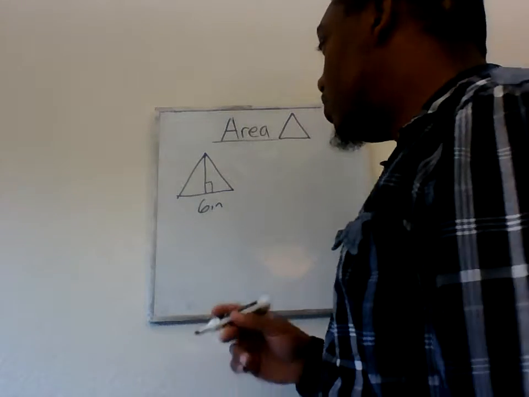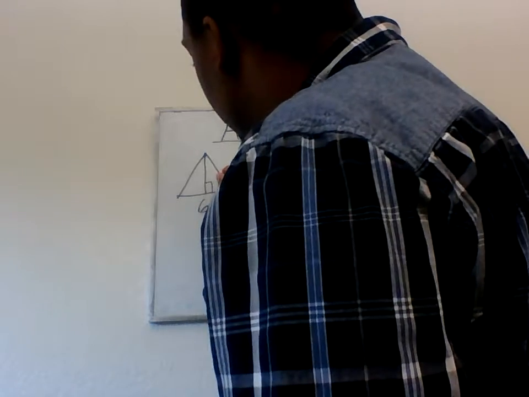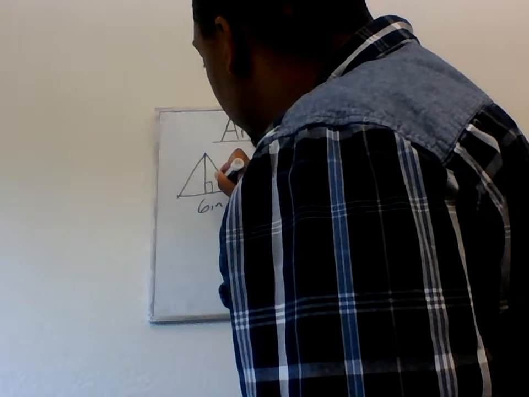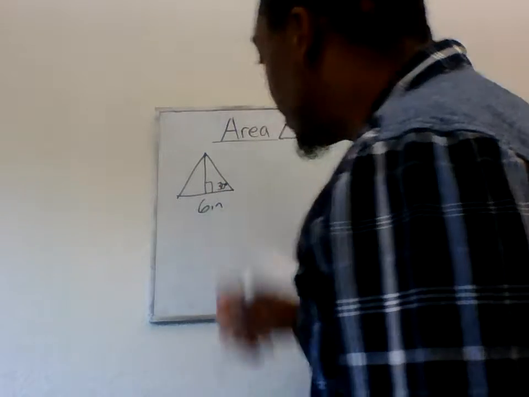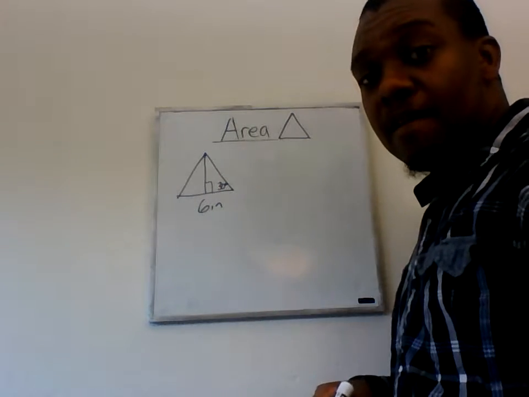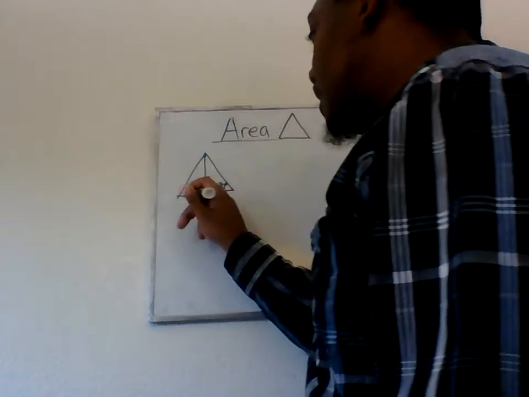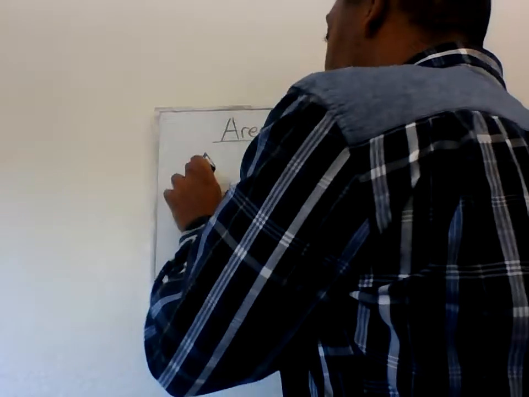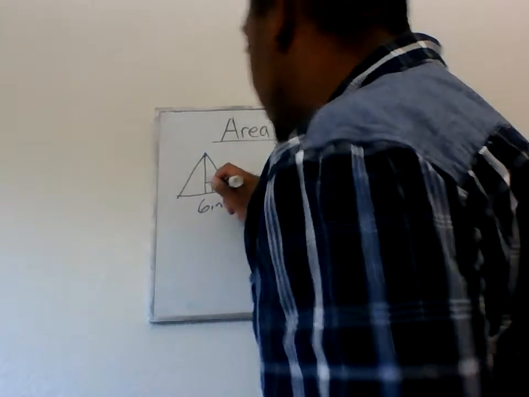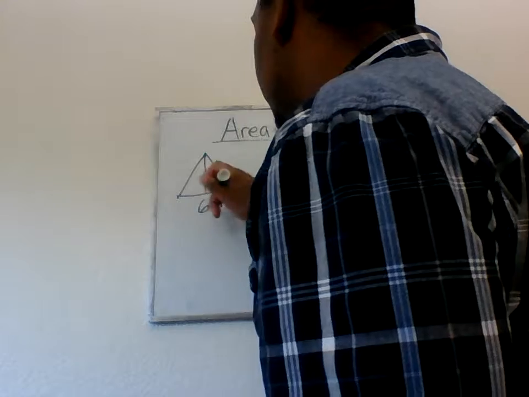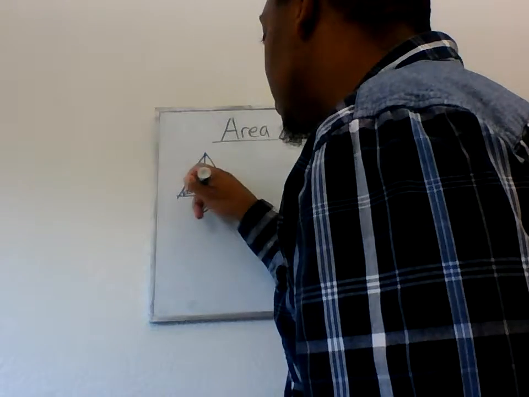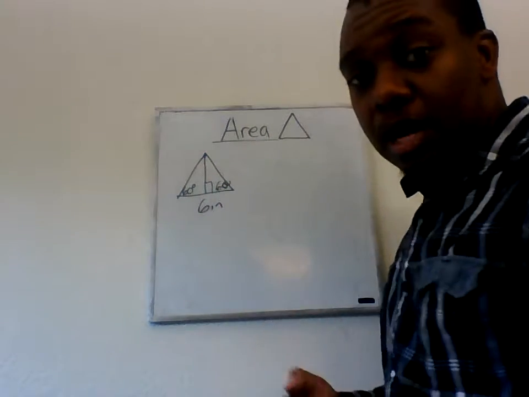But let's say I told you that this angle here is actually 30 degrees. Okay? And let's say I say that this angle, let's do 60. Actually, let's make it a little simpler. 60 degrees. And I tell you that this also is 60 degrees. Well, what type of triangle is this?